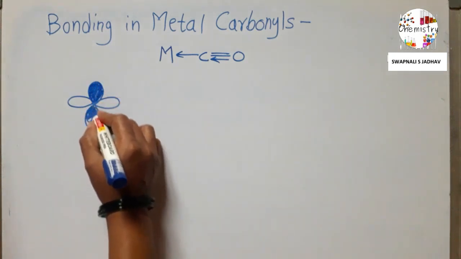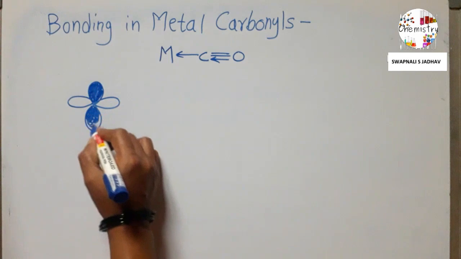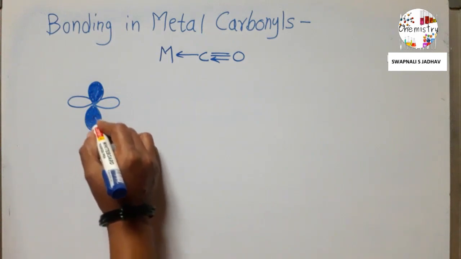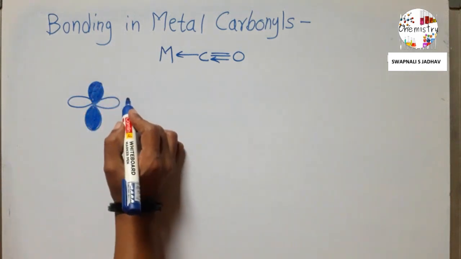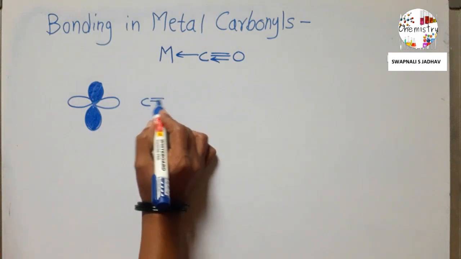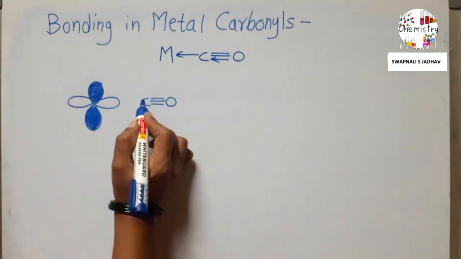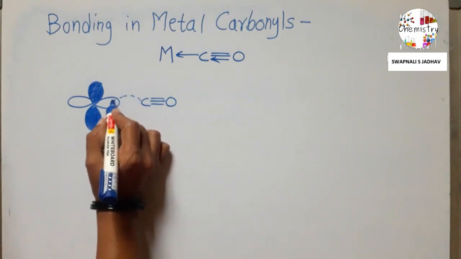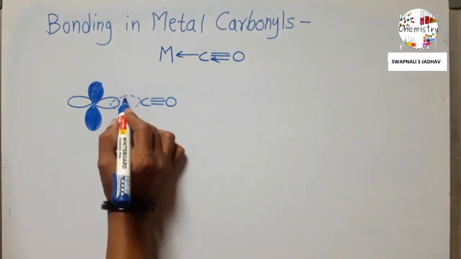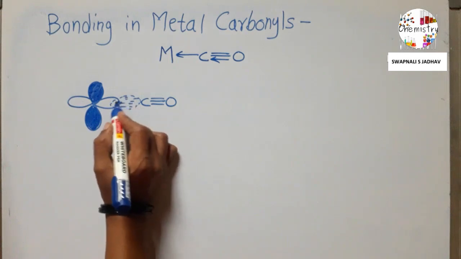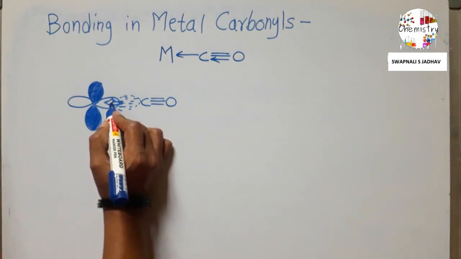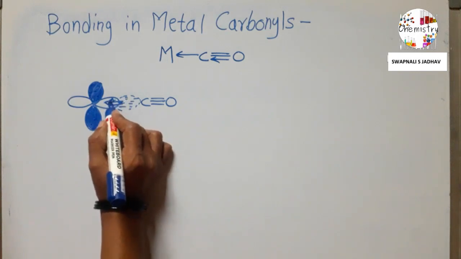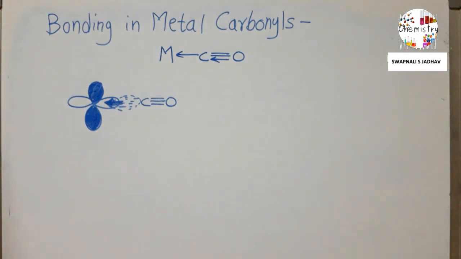So here that carbonyl forms bonding, likewise that carbonyl bonding. So this is the metal orbital.